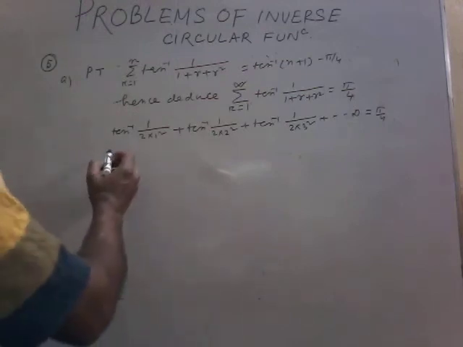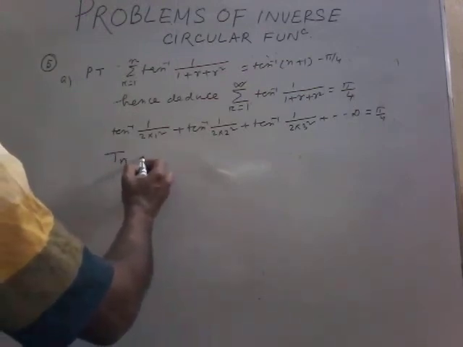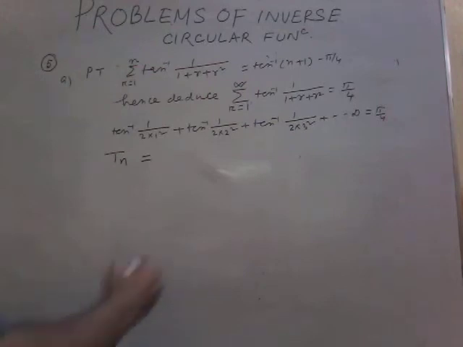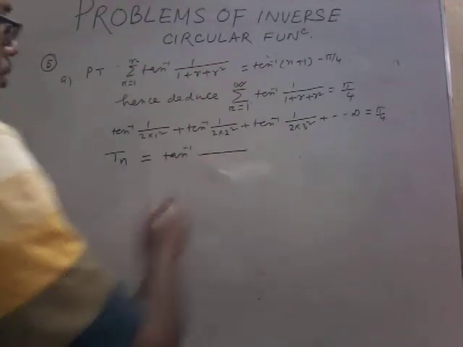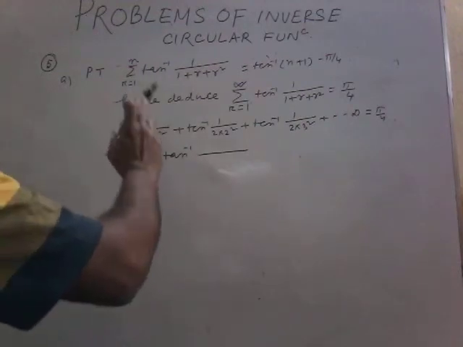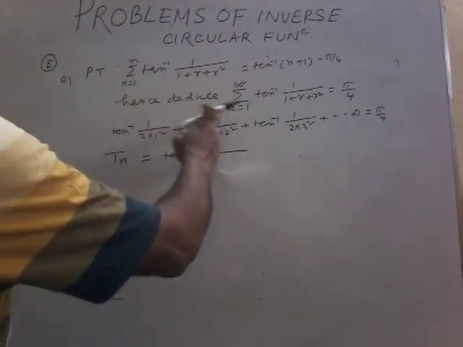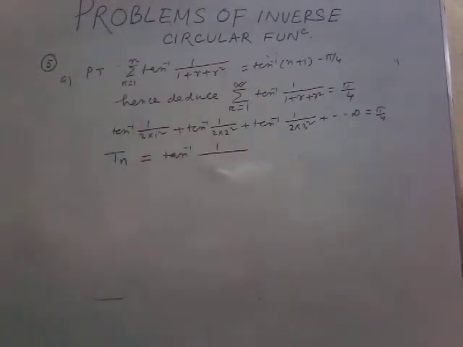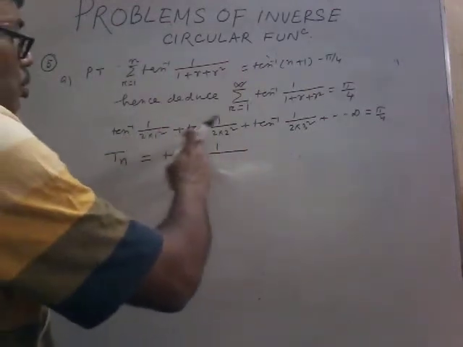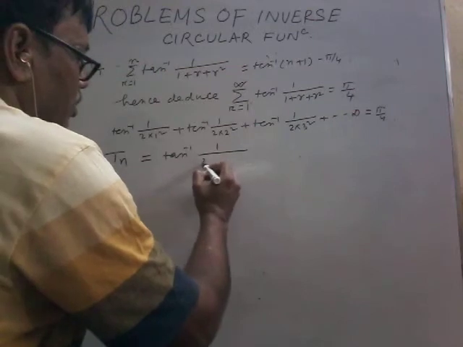So look, Tn means nth term. Look, tan inverse, this one is unchanged. For each term the numerator is 1, and in the denominator 2 is fixed.